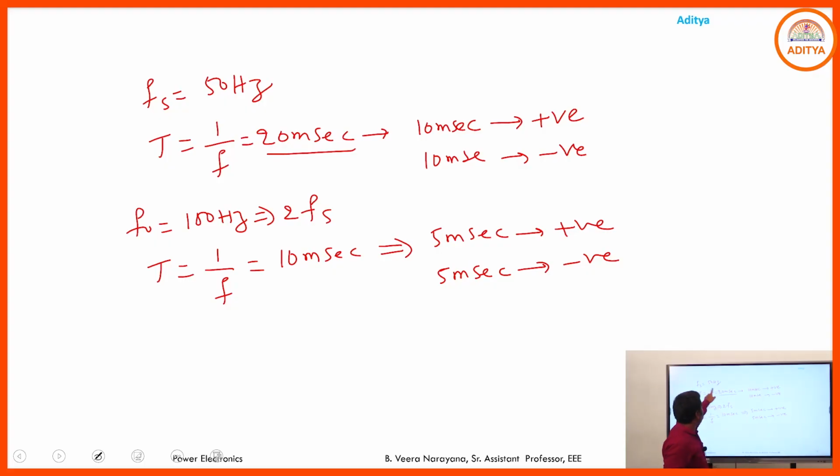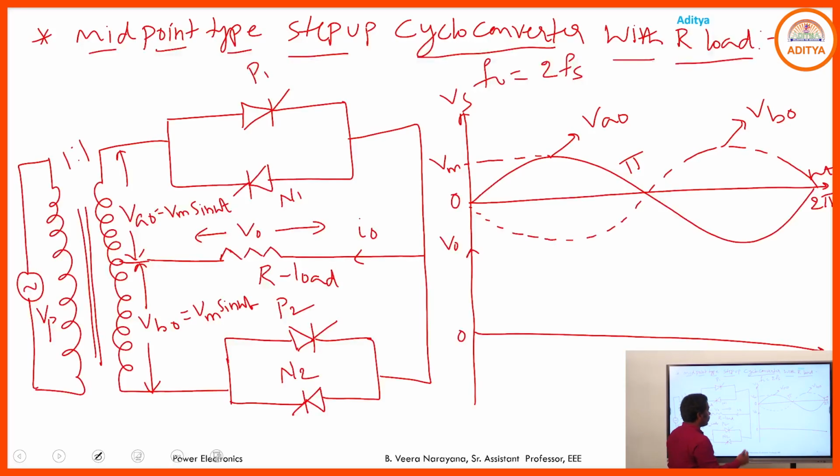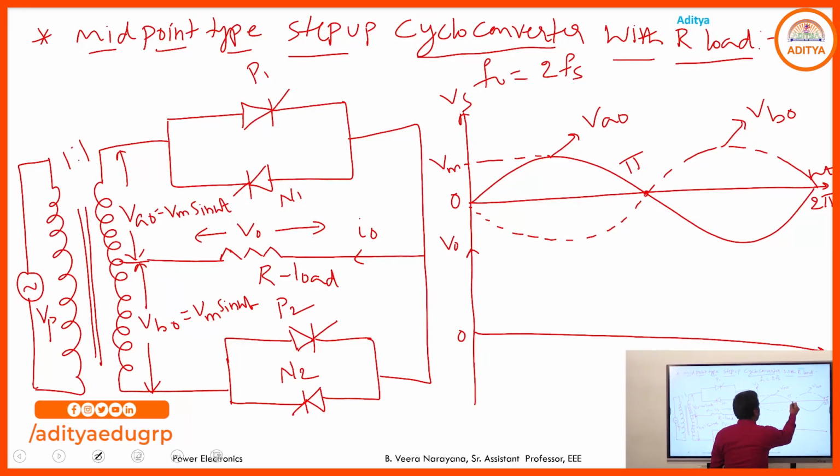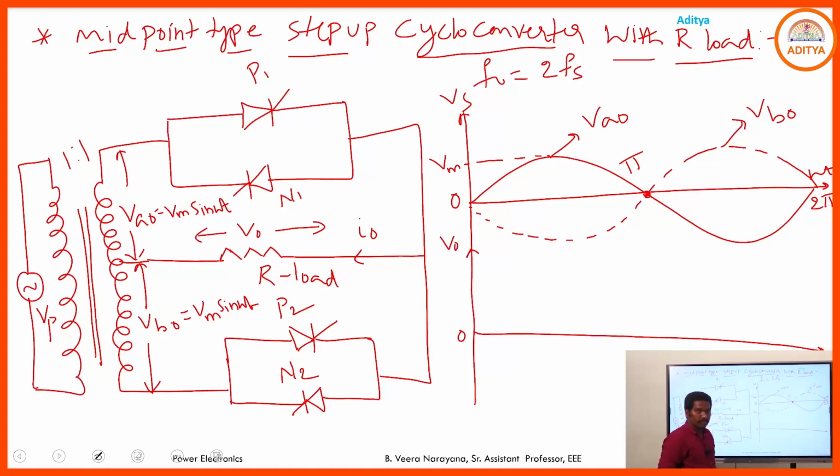How many cycles are there in the source? For Fs equal to 50 Hz, to complete one complete cycle takes 20 milliseconds. That means this one is 10 milliseconds and this one is 10 milliseconds.